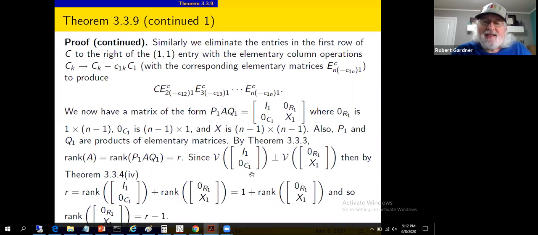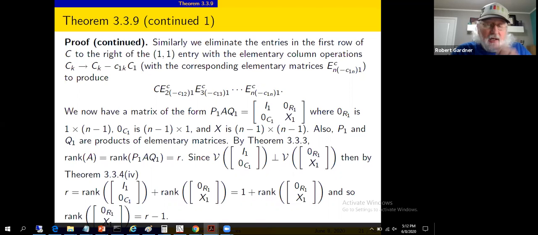But sure, if I take any column vector from here, its first entry is 1 and then all zeros, and I take any column from this matrix over here, first entry 0, and I don't know what happens with the rest of them. But you take an inner product of those two. You take a dot product of one that's got a 1 at the top and all zeros below with one that's got a 0 at the top and who knows below. You're going to get 0 out. So we can say this vector space is orthogonal to this vector space.